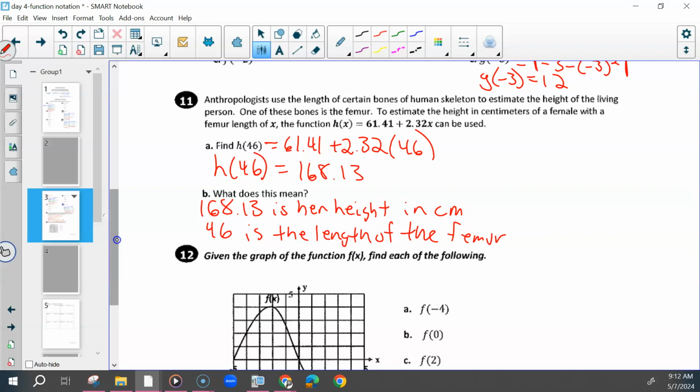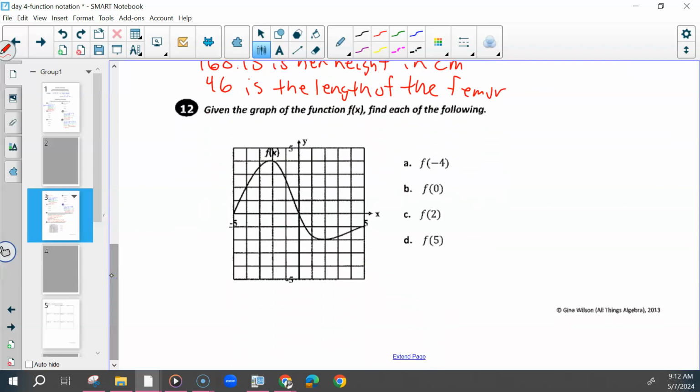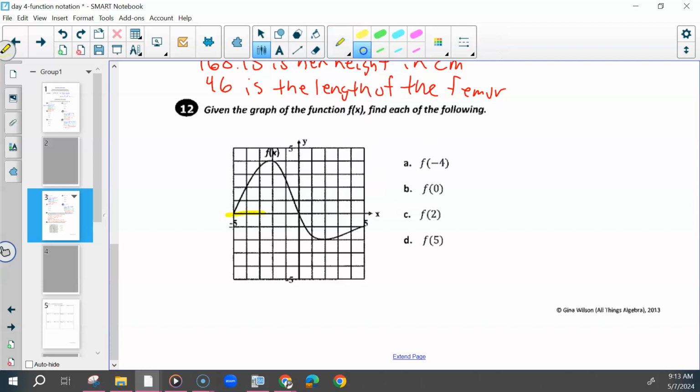Alright, then look at 12. 12 is doing the same thing but on a graph. So you're given f of negative 4. That's saying when x is negative 4, what is your y value?